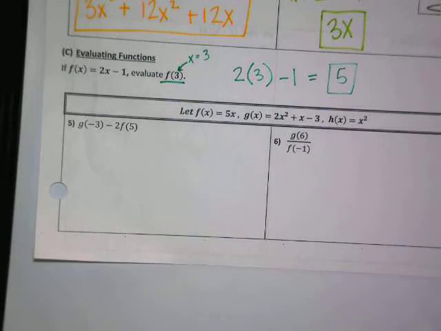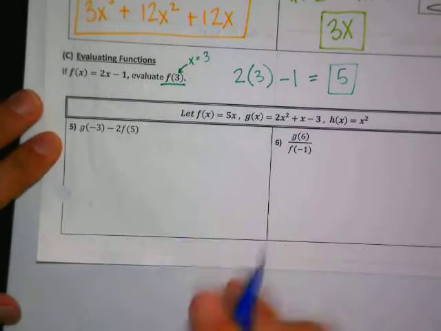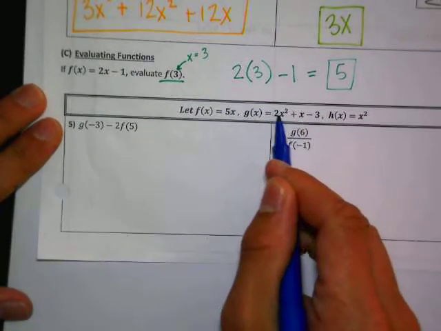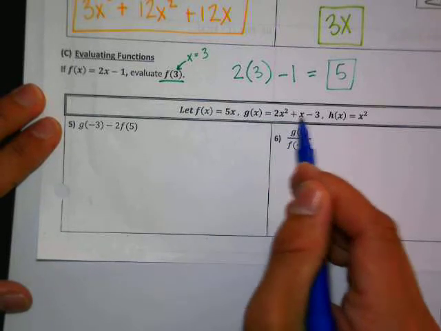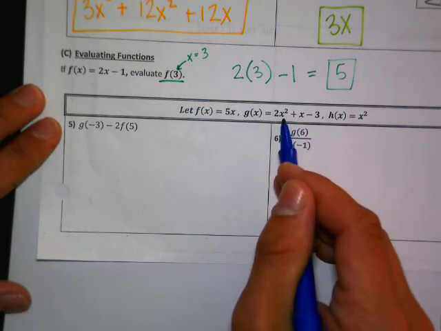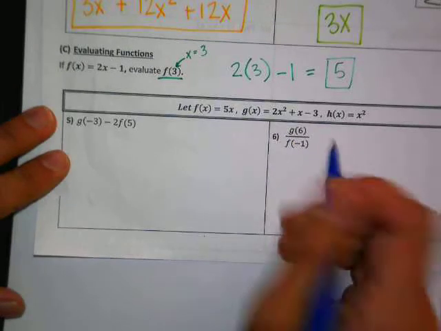All right, jump down to 5 and 6. So those problems are just going to be a little bit longer. Same thing though. So g is this function right here. But what am I putting in place of x? Close. Negative 3.